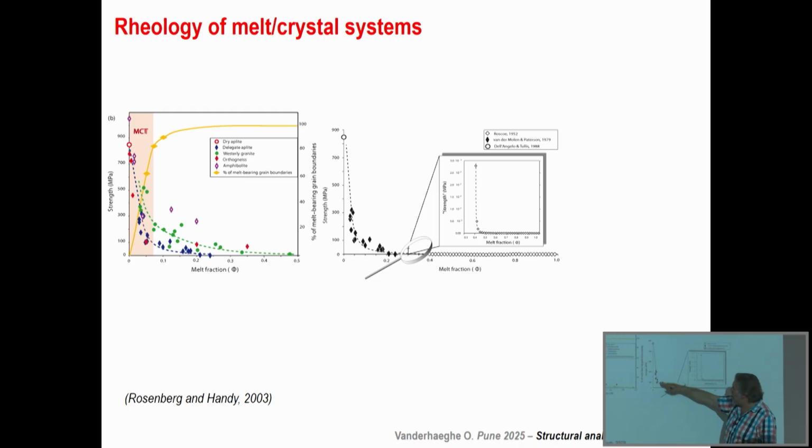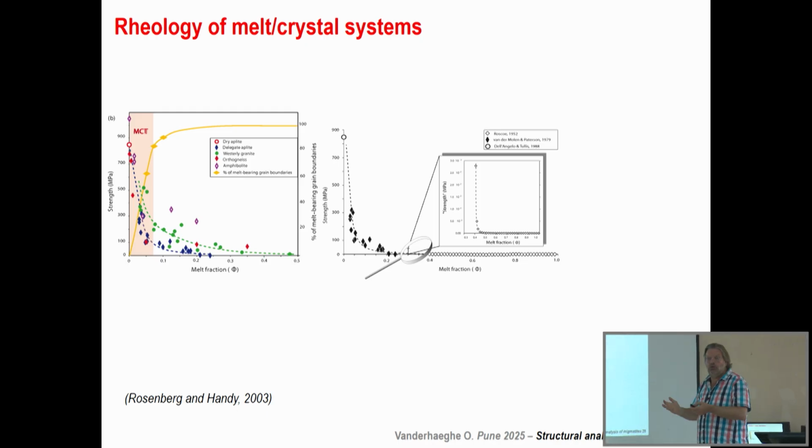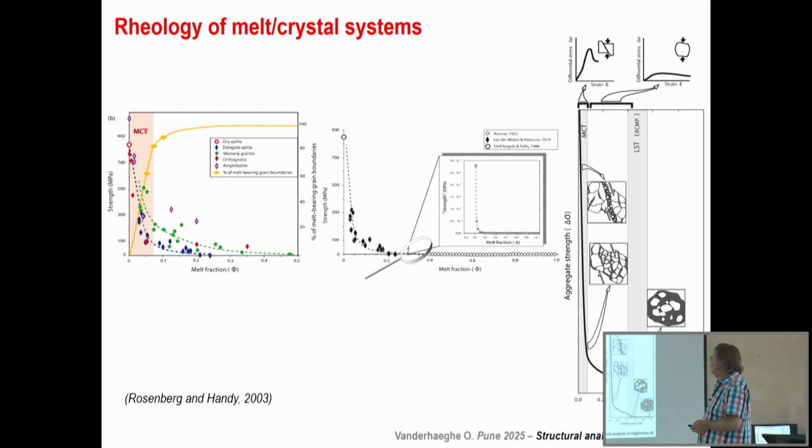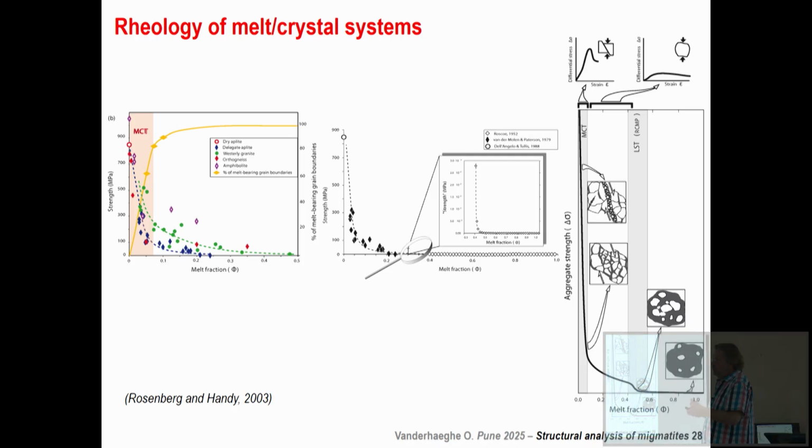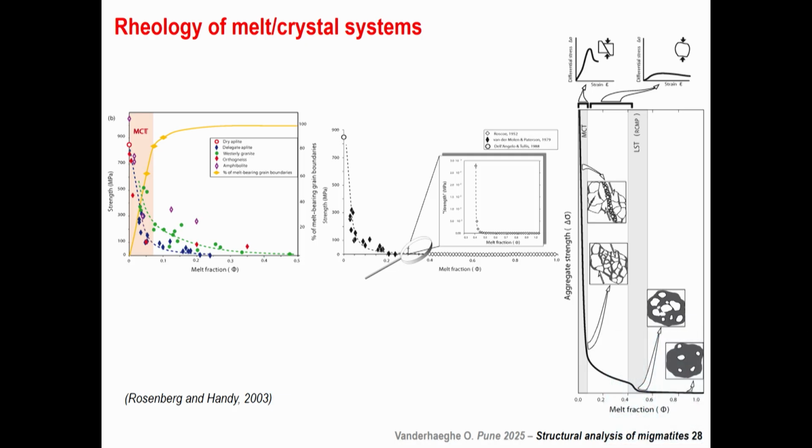So you see the first one and then another one. That's just playing with the scales, actually. It doesn't show the same thing if you look at the log scale and if you look at linear scale. But I'm not going to go through that much more. Just remember that the presence of melt will weaken the rocks, and the transition from partially molten rocks to magma is also associated with more weakening.